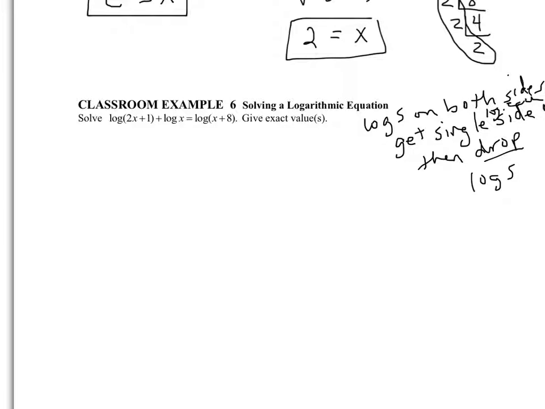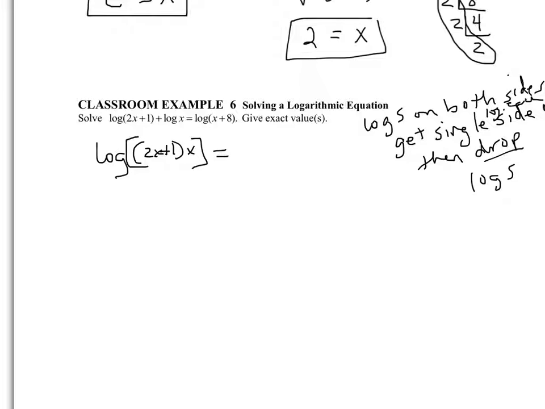then I would rewrite this as the log of the product of 2x plus 1 times x. Remember, if we were adding exponents, that's because we were multiplying the bases. So if I see logarithms that are being added together, what I have to do is write it as a single log, but it's a product of what follows those bases.